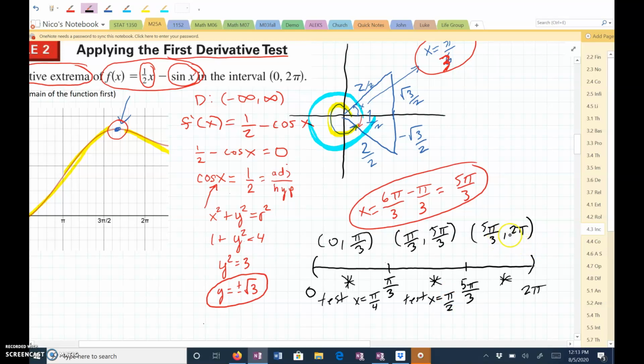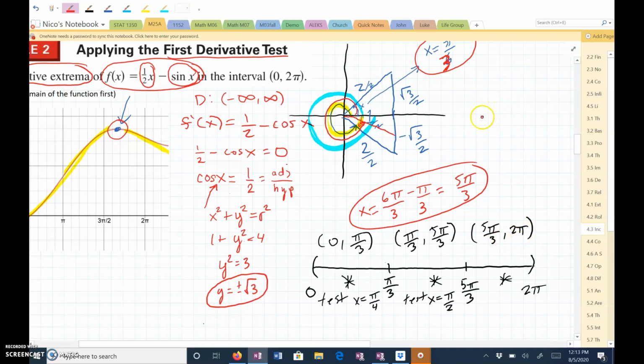And here, let's see, since that's right here, that is 60 degrees. So if we cut a triangle that's 30 degrees, that's going to be in between 5 pi thirds and 2 pi.